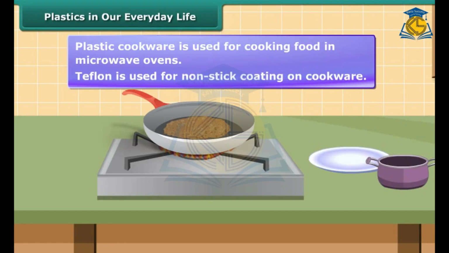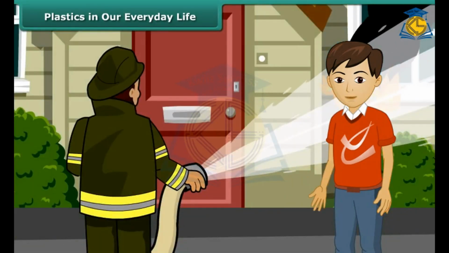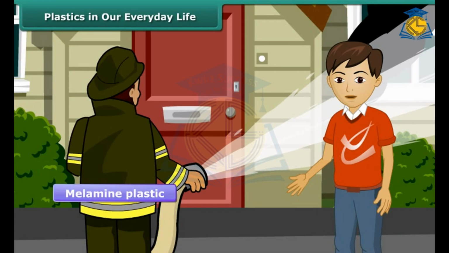It is of Teflon, which is a special plastic on which oil and water do not stick. Thus, it is used as non-stick coating on cookware. You would be amazed to know that there are also fireproof plastics. Yes, the uniforms of firemen have coating of melamine plastic to make them flame resistant.